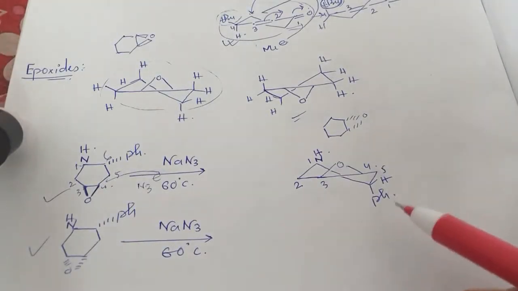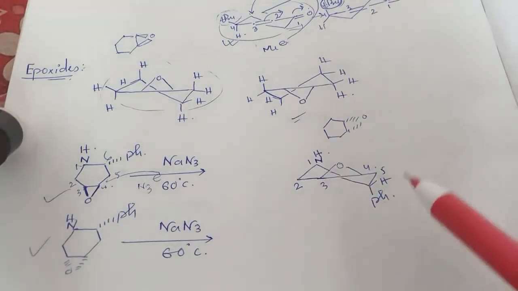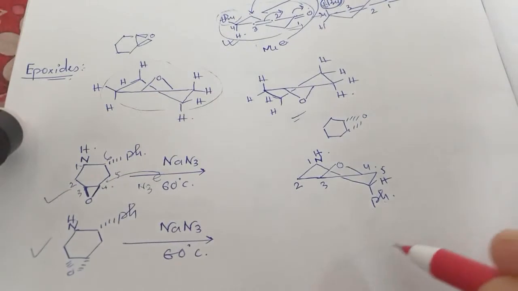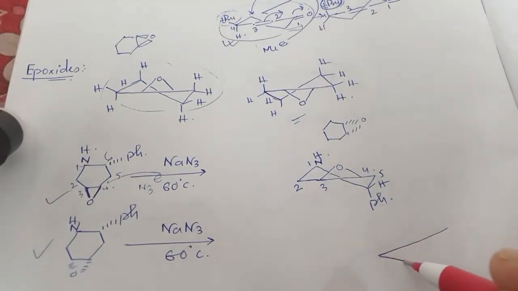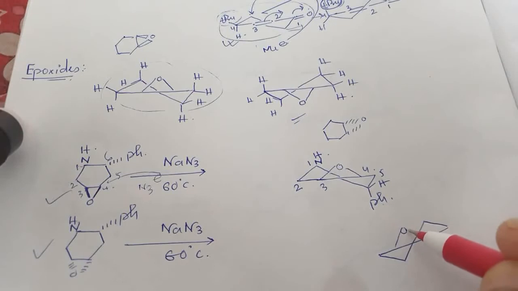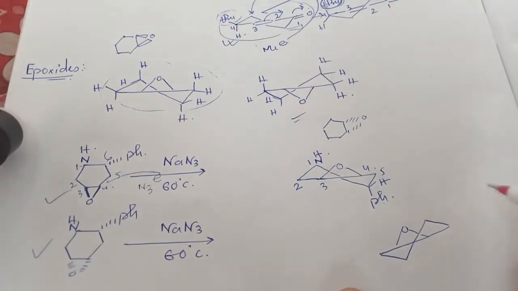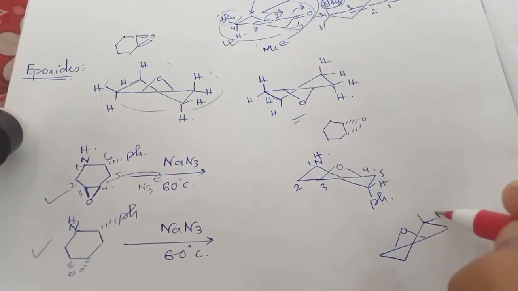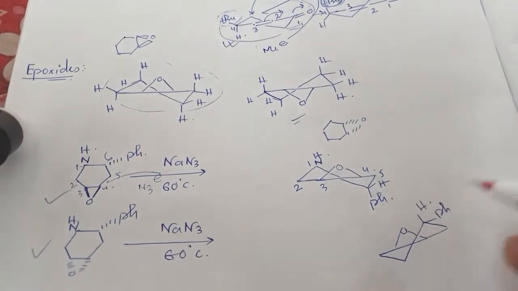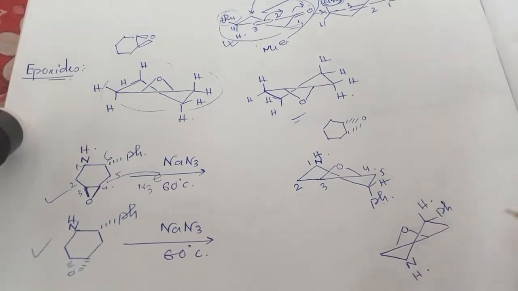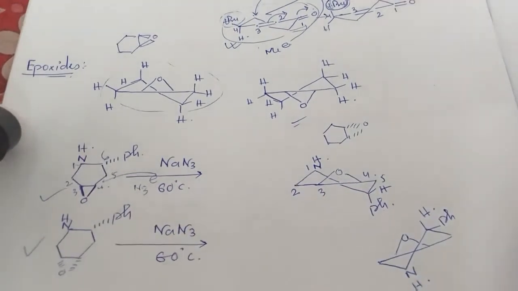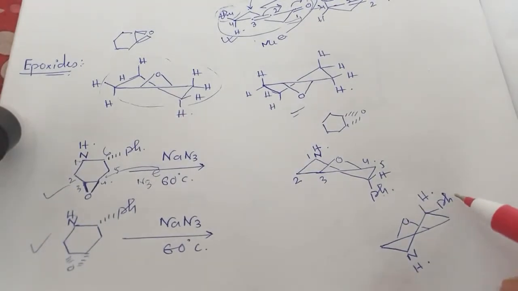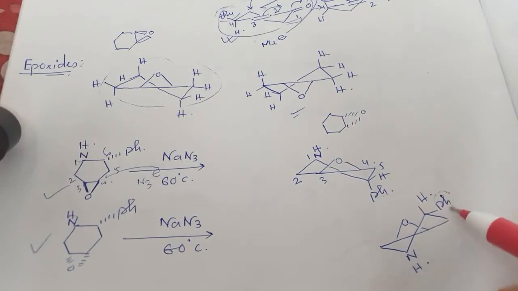So you can see that this is not the right conformation because here Ph is at the axial position, so we have to change it. Okay, this is the structure. Here Ph is at the equatorial position, which is more stable than this.